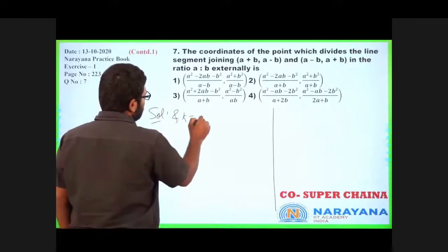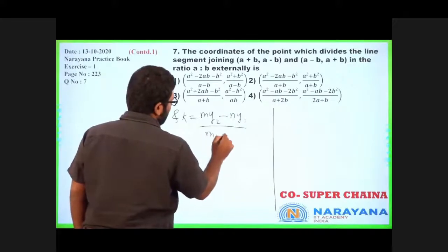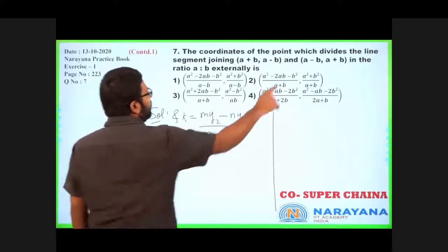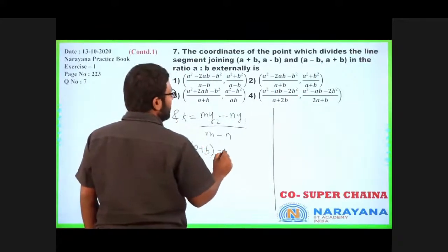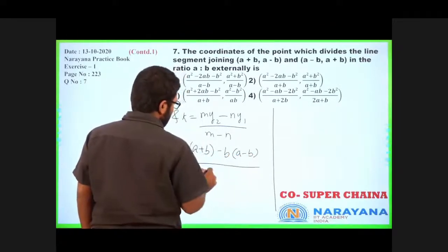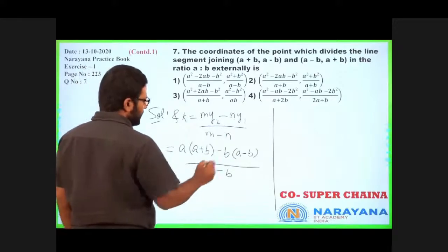And K is equal to (m y2 minus n y1) upon (m minus n), which is a into (a plus b) minus b into (a minus b) upon a minus b. a squared plus ab minus ab plus b squared.